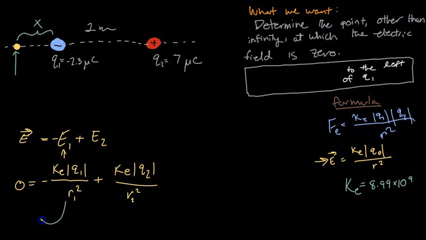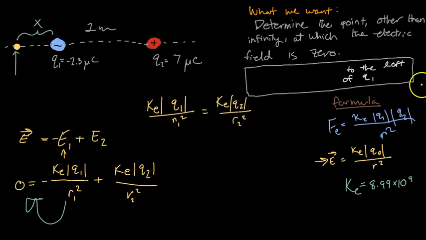Actually, we'll just move this over to that side before we start adding in the variables. So we will end up with KE times our charge 1 divided by R1 squared, and we'll have it equaling KE times our second charge over the distance from Q2 to that point squared. From Q1 to that point we have X, so we will just plug that in.